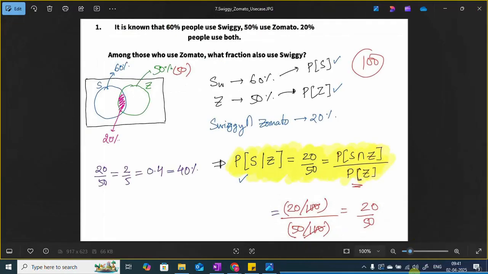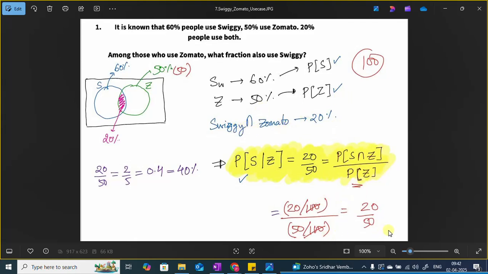The same things are written here, or not? Just have a quick look. Swiggy, Zomato, 50%, 60%. I'm getting 60%, which is probability 0.6, and 0.5, and Swiggy intersection Zomato is 20%.